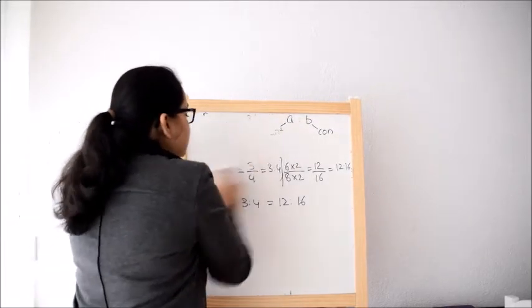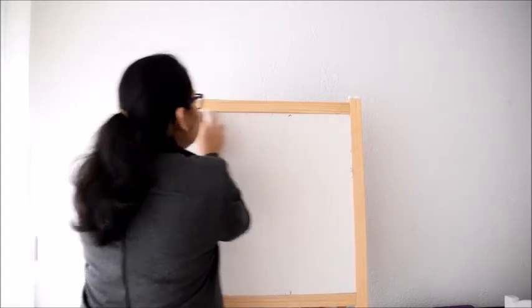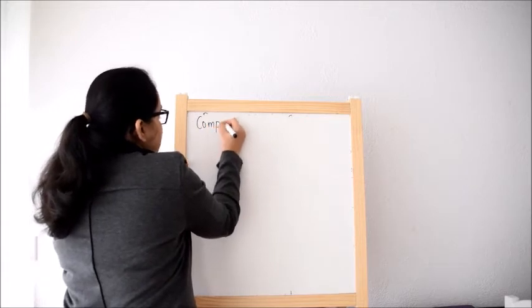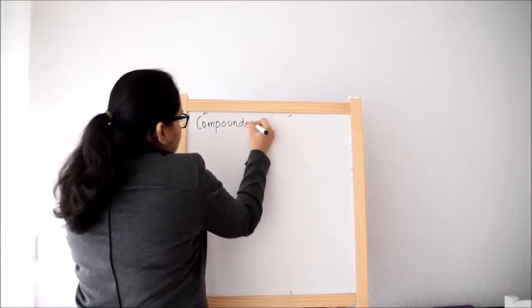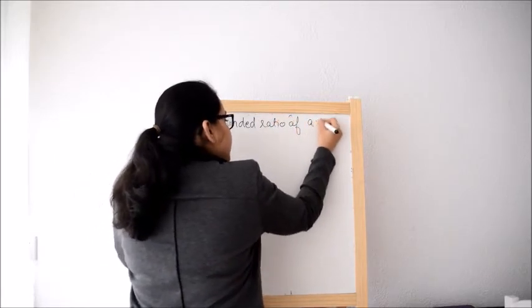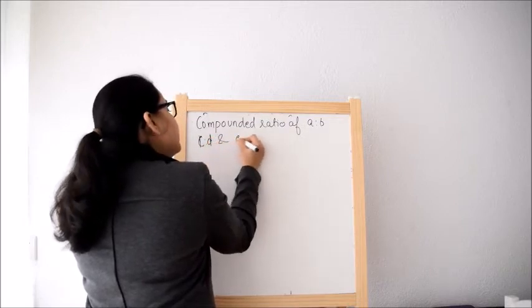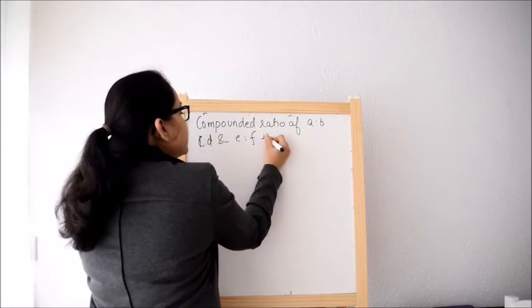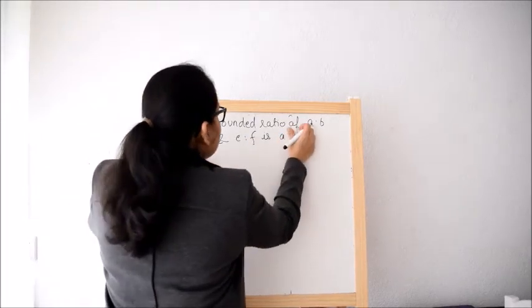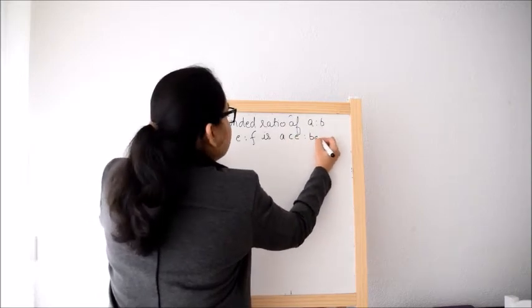Now I will be discussing some terms related to ratios. The first is compounded ratio. So, compounded ratio of A is to B, C is to D and E is to F is ACE is to BDF.